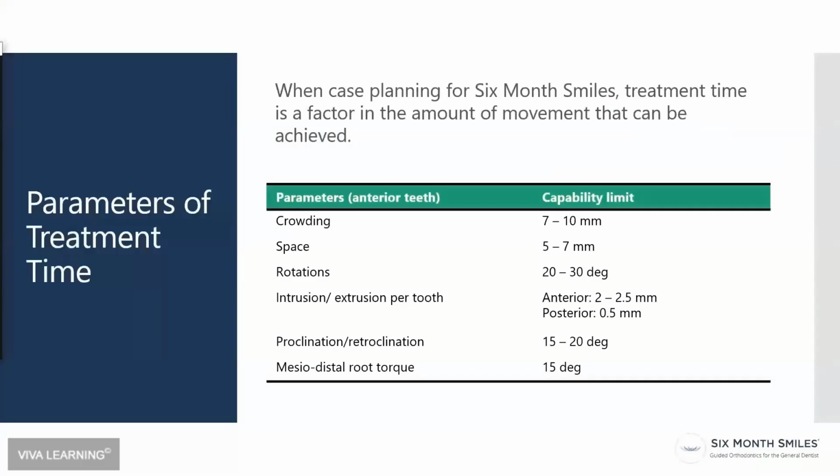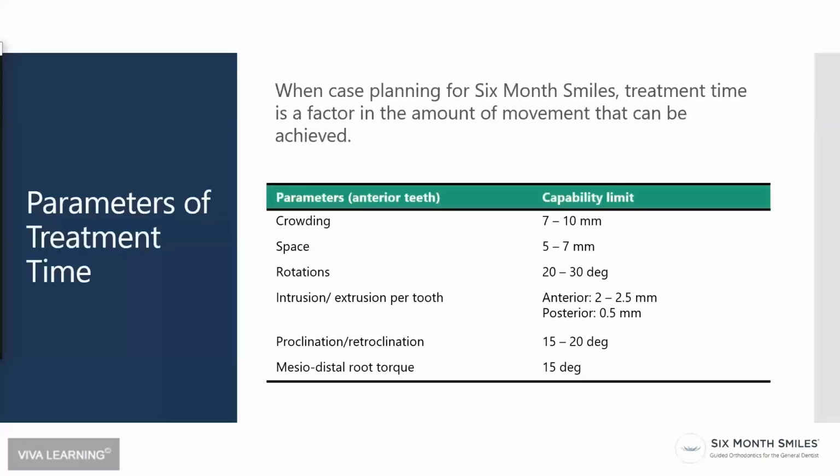amount of movement that can be achieved within these parameters, as you can see on the table. So it's a ballpark amount, so you get an idea. The crowding 7 to 10 millimeters, space 5 to 7, but that's also depending on the clinical condition. Not all the space cases will do that.